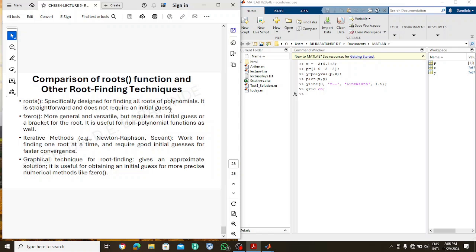If you provide a guess that is far away, it's not likely that it's going to converge to a solution. So the graphical technique can help you to find a good guess.